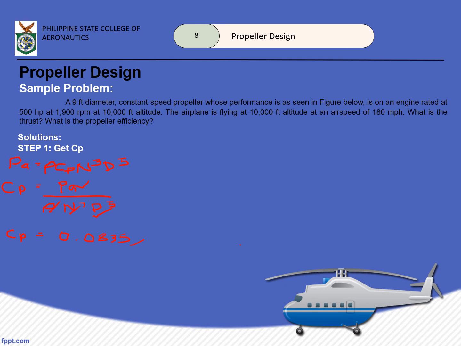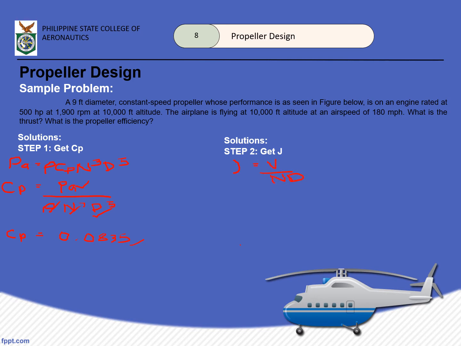So, what is our next step now that we have our CP? The next step is to get our advance ratio. What is the formula? Advance ratio is equal to V over ND.